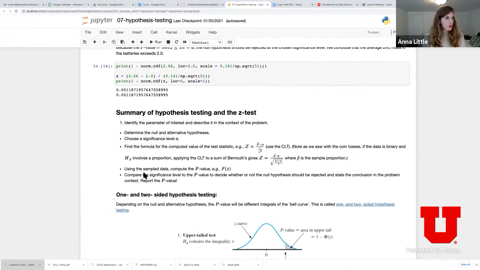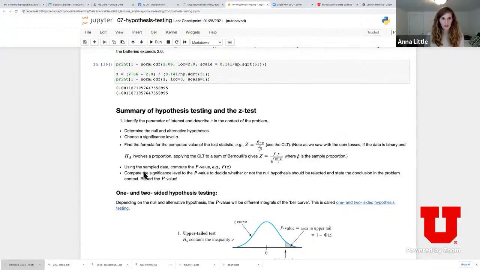Okay, so let me recap here, a summary of hypothesis testing and the z-test. So first, you want to identify the parameter of interest and describe it in the context of the problem. So you determine the null and the alternate hypothesis, right?